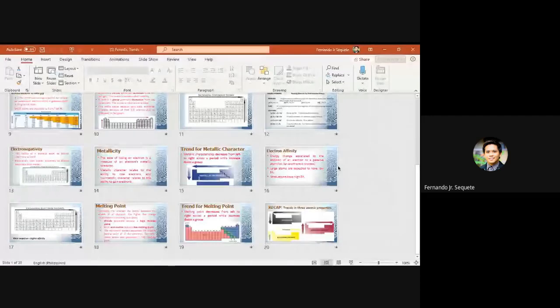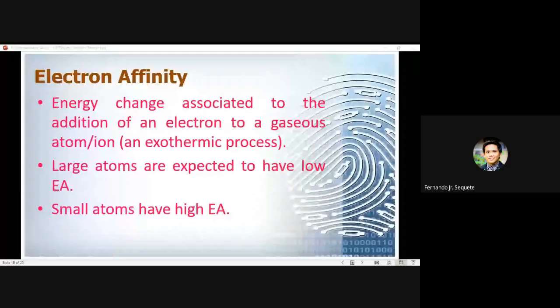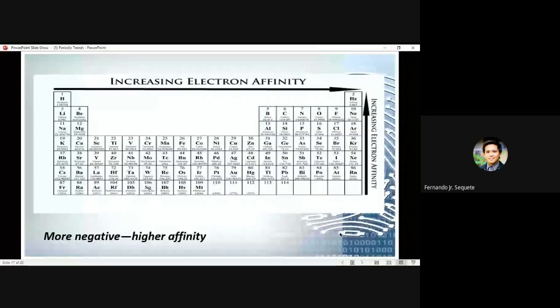Please take note on that. Lagay nyo sa notes ninyo, electron affinity and ionization energy, the same pattern.